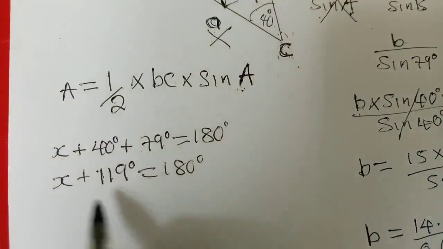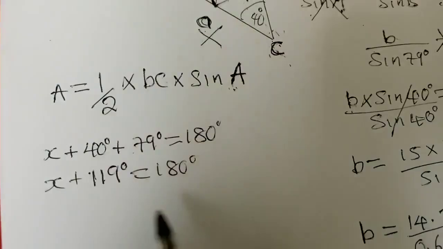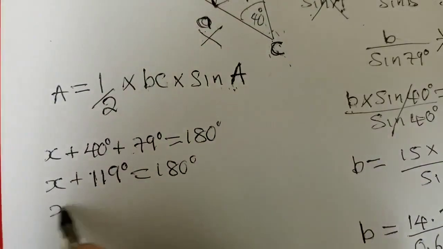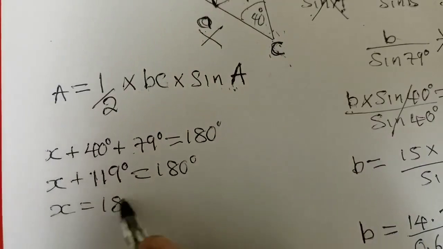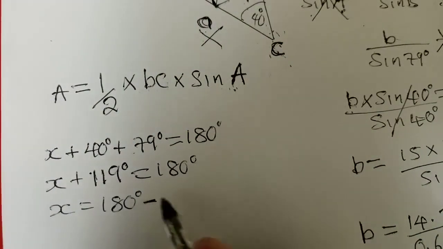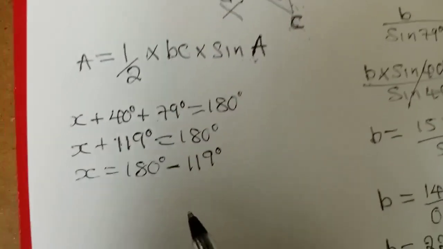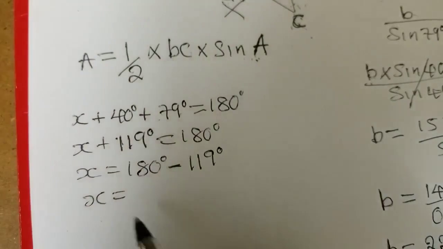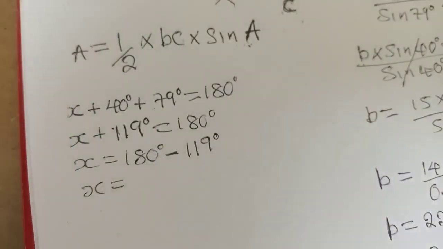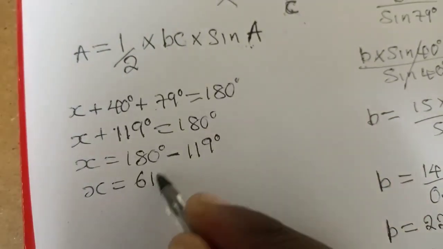So this is just a simple equation. You can collect the like terms. So x is equal to 180 degrees, and this 119, when it comes to this side, becomes negative. So x is equal to 180 minus 119, and the answer gives you 61 degrees.